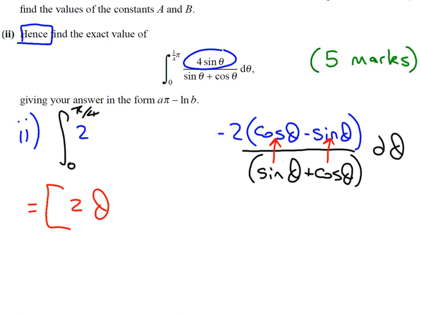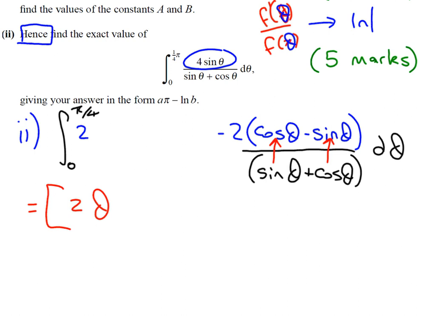Hopefully you've been taught that if you have the differential of a function over the function, in this case it's not f of x, it's f of theta, but it doesn't really matter, then that integrates to ln of the function.